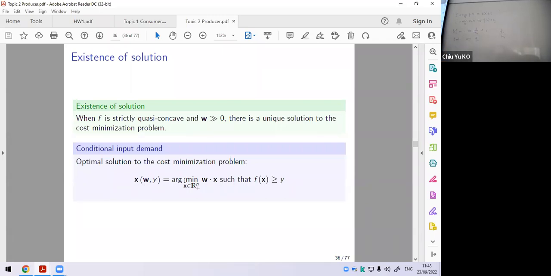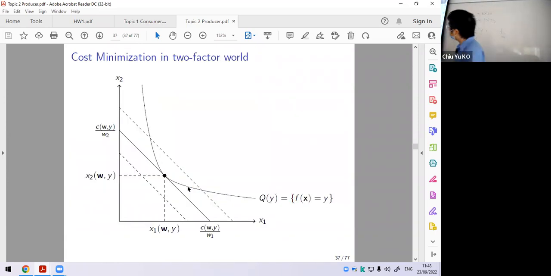What we call the conditional input demand is the result when you put it back into this one. This is the same as the Hicksian demand or compensated demand. Do we have to talk about properties? Yes, we do, but just to give the idea here.